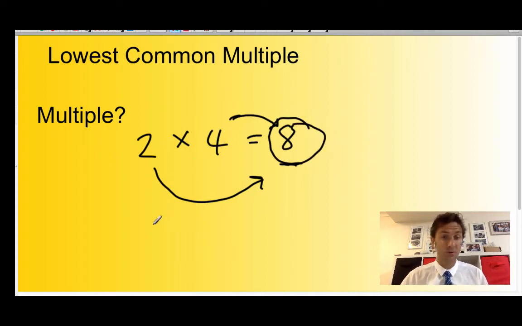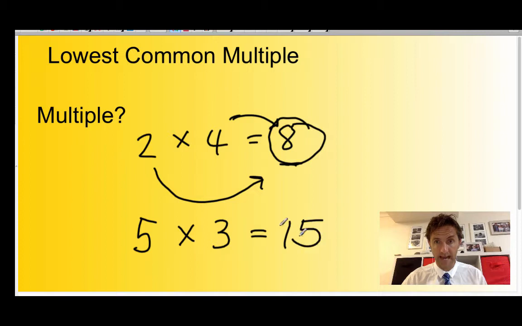Or look, let's get a bit more technical. You can say 5 times 3 equals 15. So we can say that 15 is a multiple of 5 because 5 goes into 15, doesn't it? And 15 is a multiple of 3 because 3 goes into 15, doesn't it? It goes in 5 times.